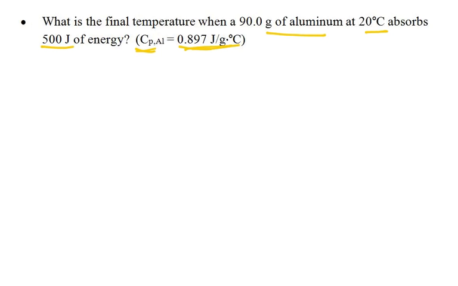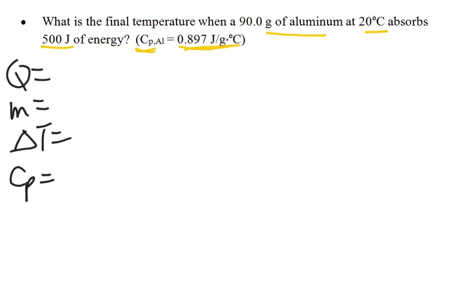So let's go back and write our variables. Q, mass, delta T, and C sub P. And let's start filling in values. Okay, my C sub P is given, 0.897 joules per gram degree. What else do I have?